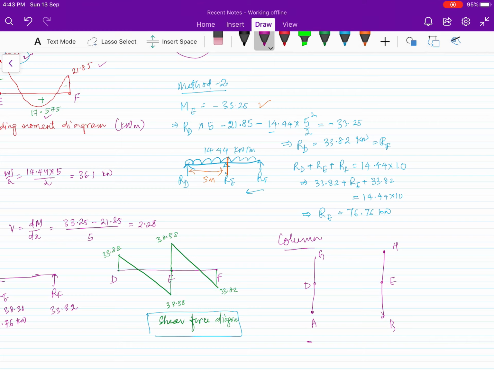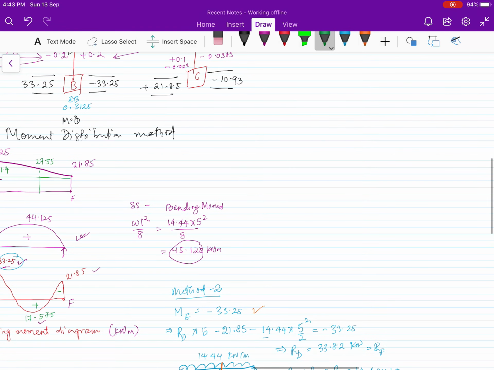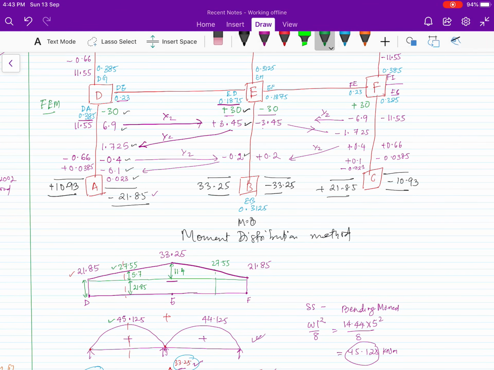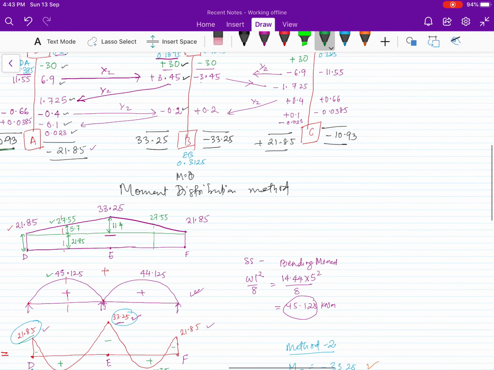So here, because we have taken this frame and solved this frame, at DA we have already calculated the moment. For the DA column, look at the moment distribution method, we have calculated for DA is 10.93. Same for the DG also, 10.93 moment is coming.